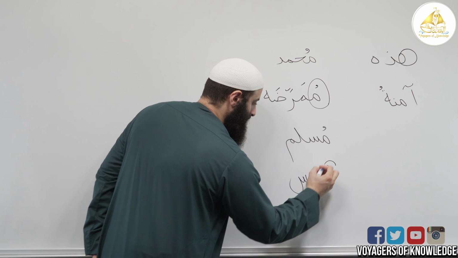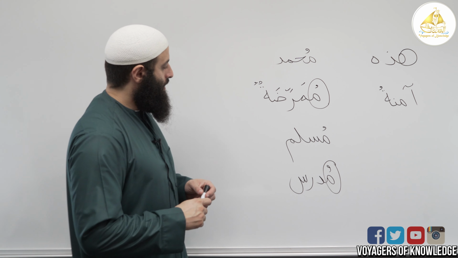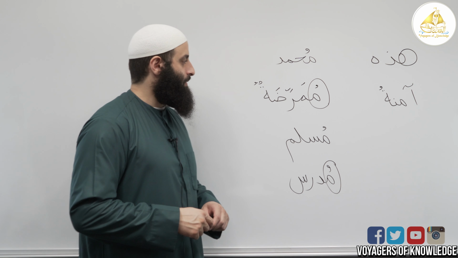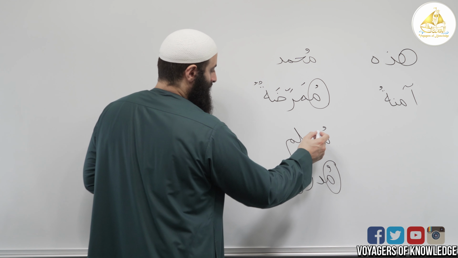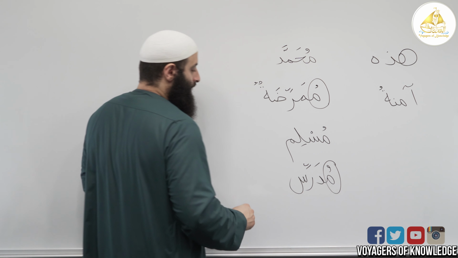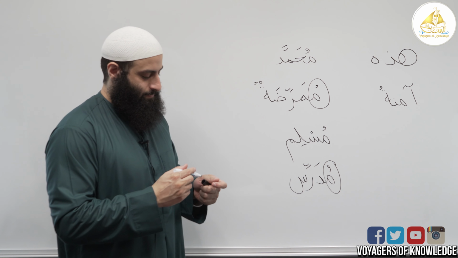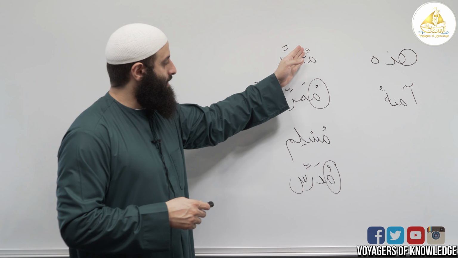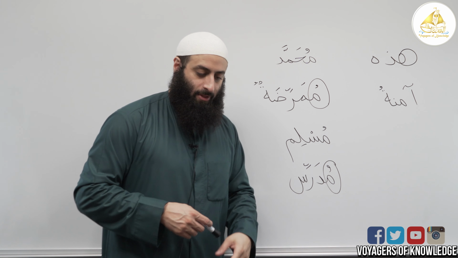He teaches. All right? And there's a little bit of difference between what you get with them, because like this one, Muslim, mudarris, somebody who does that action or somebody who is of that action. Okay? But the same thing applies, is that usually they begin with mim dhamma.